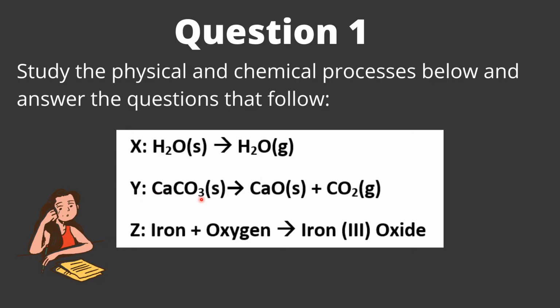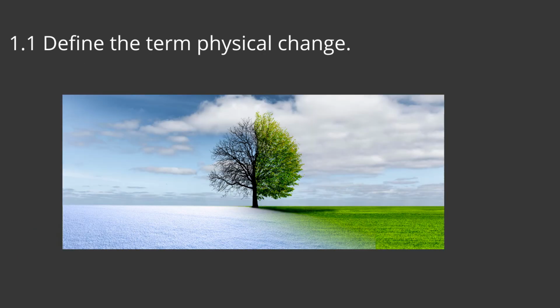Y, you have calcium carbonate, which is a solid, and then after the reaction you have calcium oxide, which is a solid as well, plus the carbon dioxide, which is your gas. It's released. Z is also a chemical reaction. They give you the sentence: it's iron that reacted with oxygen to form iron oxide. And now we have to answer the questions that follow.